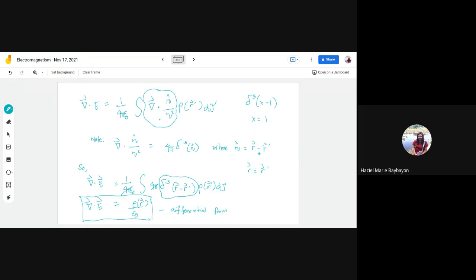So at r equals r prime, that is where the Dirac delta function is evaluated. Your Dirac delta function will be equal to 1 at x equals 1, I guess. Kindly take a look at your notes.